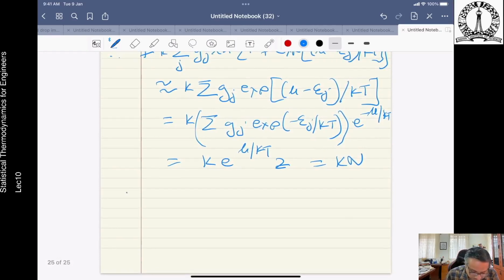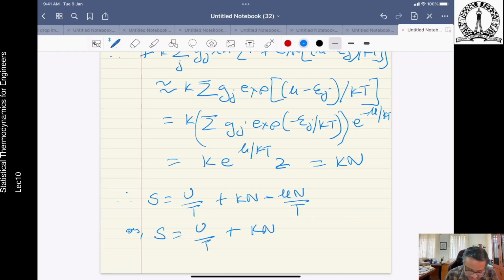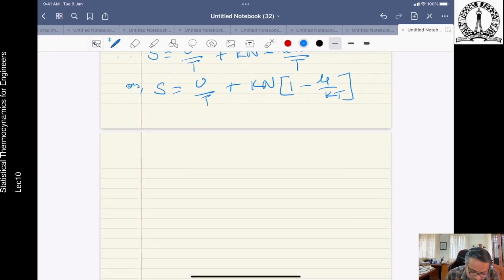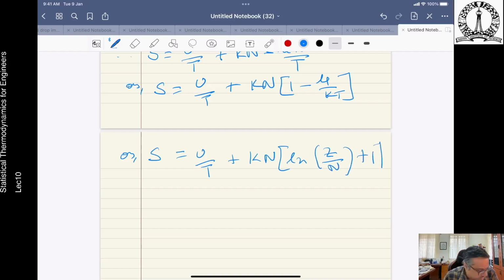Okay, so therefore s is equal to mu by t plus kn minus mu n by t, or s is equal to u by t plus kn 1 minus mu by kt, or further, so there are a lot of ors, u by t plus kn into ln z over n plus 1.